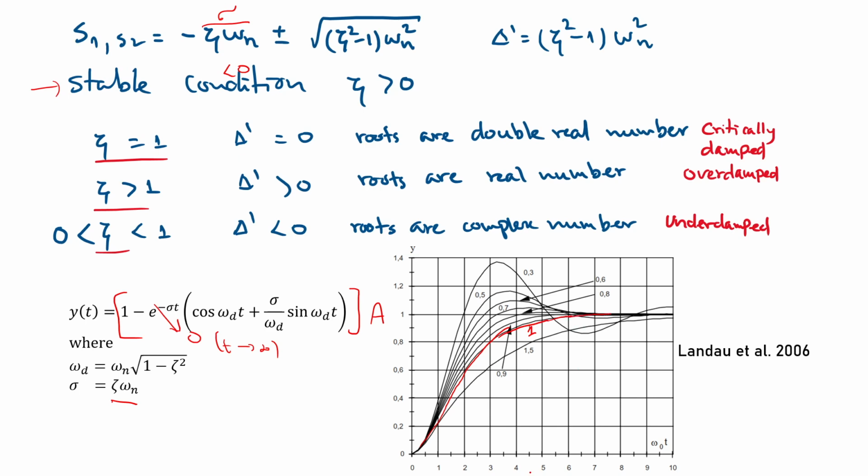Okay. And for the curve below that, zeta greater than 1, we call it overdamp. And you see the zeta equal to 0.9, 0.7, 0.5, 0.3. So the smaller the value of zeta, the higher the overshoot. Okay. So this is called overshoot.